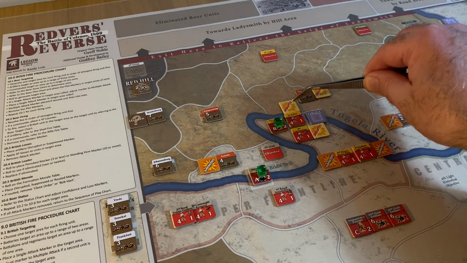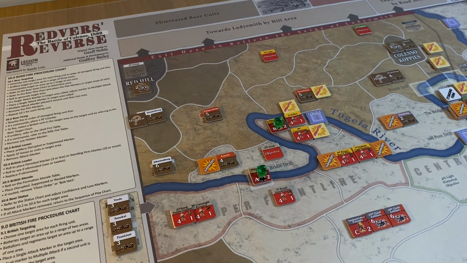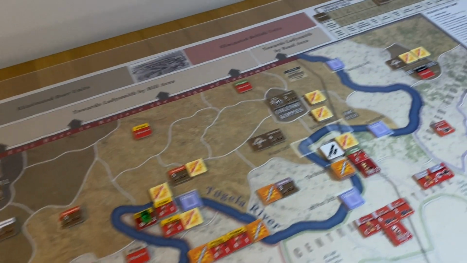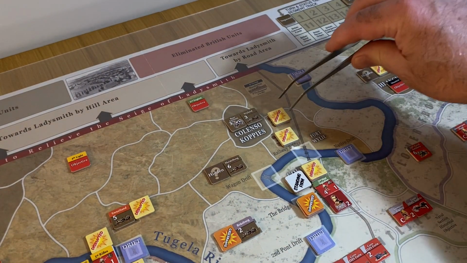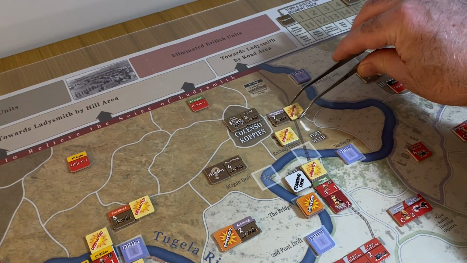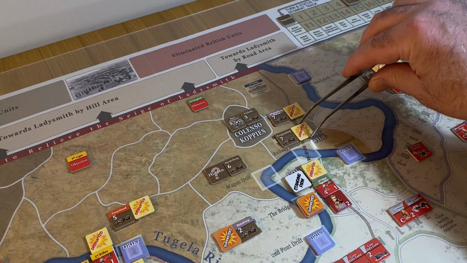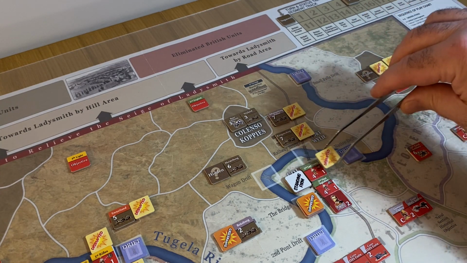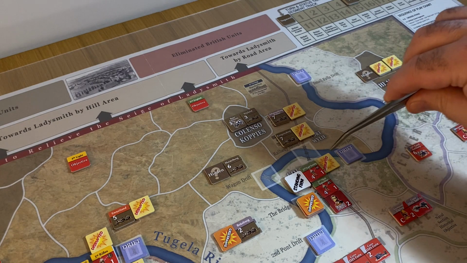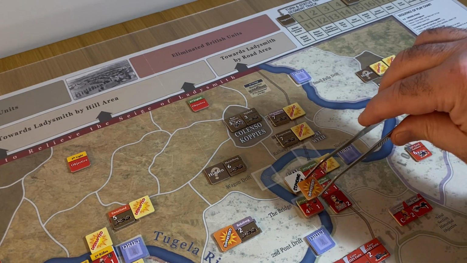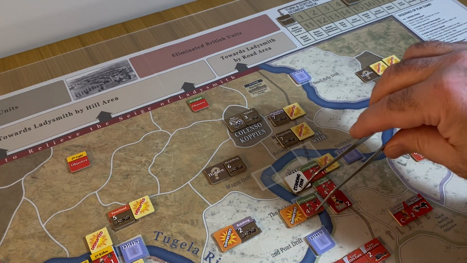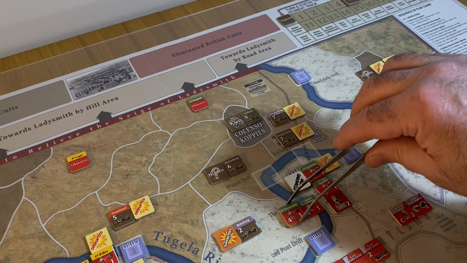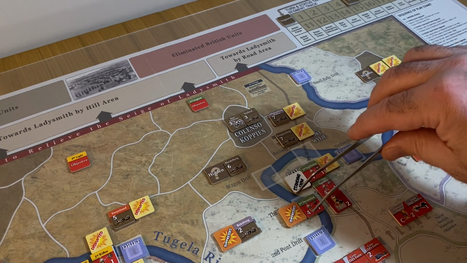This guy's disrupted. This guy's disrupted. Because I'm looking around there, I'm seeing all these disrupted counters, and I'm starting to sort of... Yeah, that's clear. Now, these are both disrupted, so... Well, I dare say I could do that.